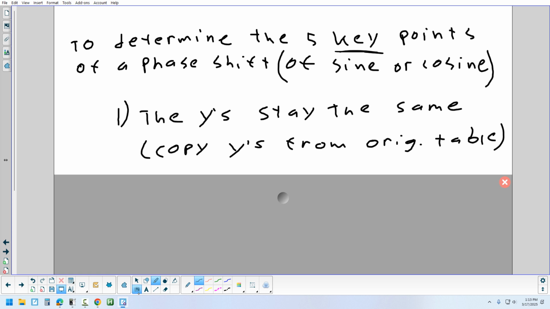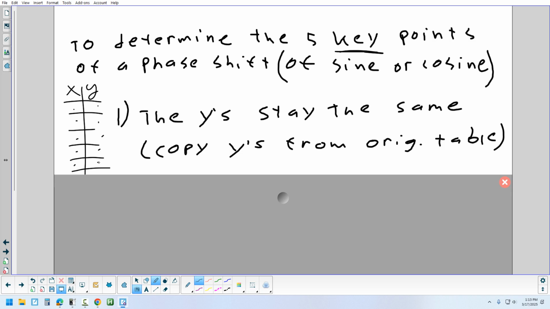So when you are doing a problem like this in the homework or on the test, you're going to have a table, and it's going to have 10 blanks in it. You need to fill in all 10 blanks. Half of them you can just copy down from the original table. In this case, you can copy the y's down.